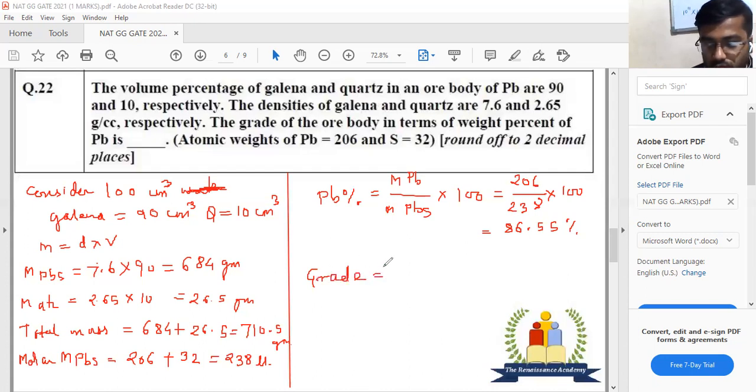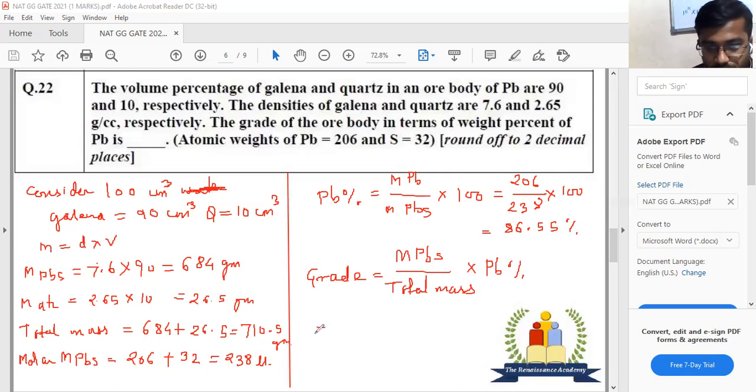Now calculate the grade. Now grade is equal to mass of PbS divided by total mass multiplied by Pb percentage.